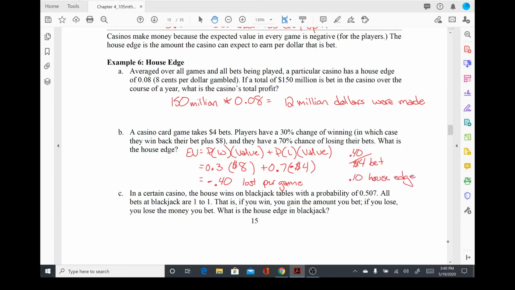That every dollar that was bet on this game made the casino 10 cents, which is pretty good, especially since in the first example, they were only making 8 cents per dollar gambled. So this card game is making the casino a little bit more than average. You should try C on your own.